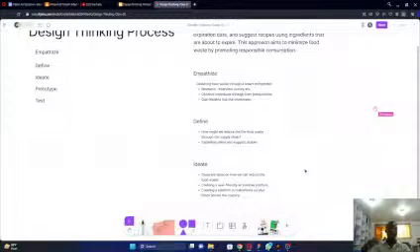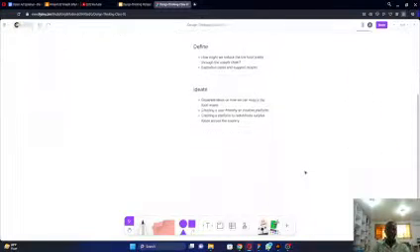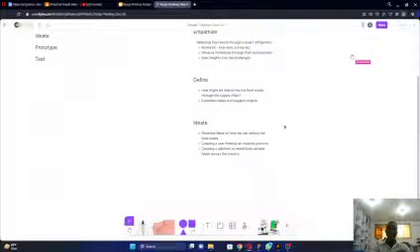Not that you are going to be using all they have, but if you are conducting a research, you'll be gaining more insights on your research than your ChatGPT. So you can just use that ChatGPT to refine it and make it look more professional. So we have the empathize stage, define stage, and the idea stage. What is next is the prototype.